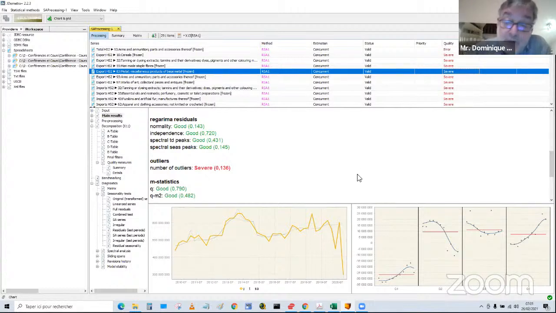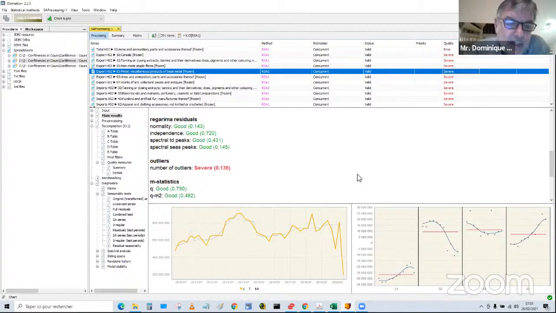So to answer the question, in this case most of the problems are coming from the number of outliers, because we are on quarterly time series. If you have 3-4 outliers, you have a lot of outliers, and JDemetra is going to issue a severe warning.